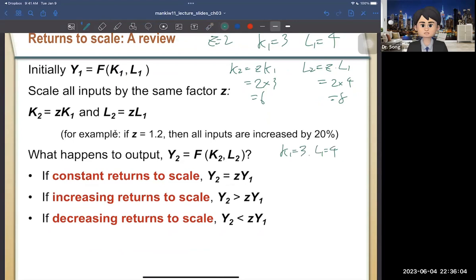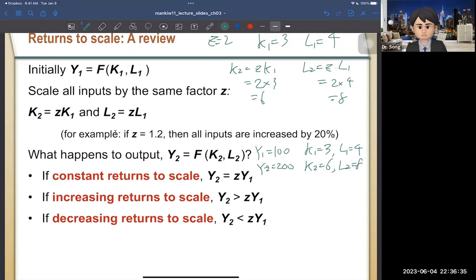That means that you have 3 espresso machines and 4 baristas, and then per hour, you can make 100 cups of coffee. We good? Now, when you double the inputs, like you have 6 espresso machines and 8 baristas, if Y2 is 200, that means you double the input and output is also double. That means that's constant returns to scale.